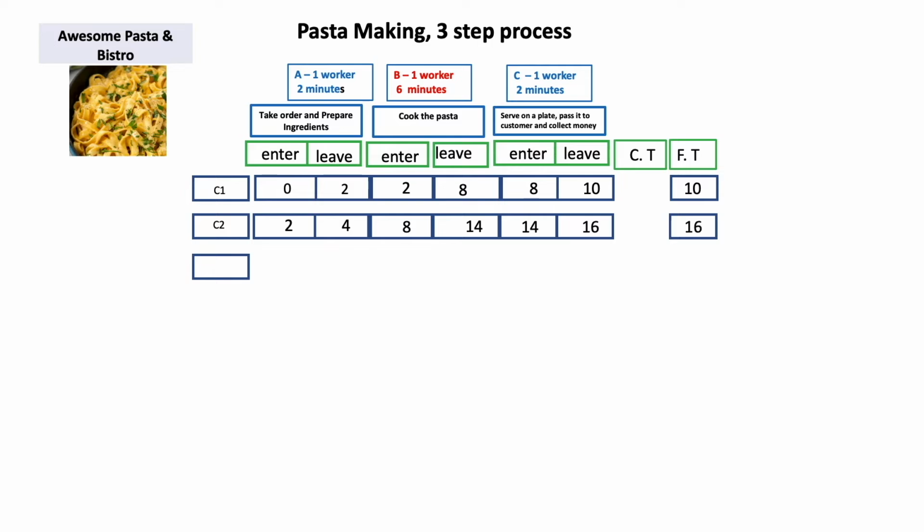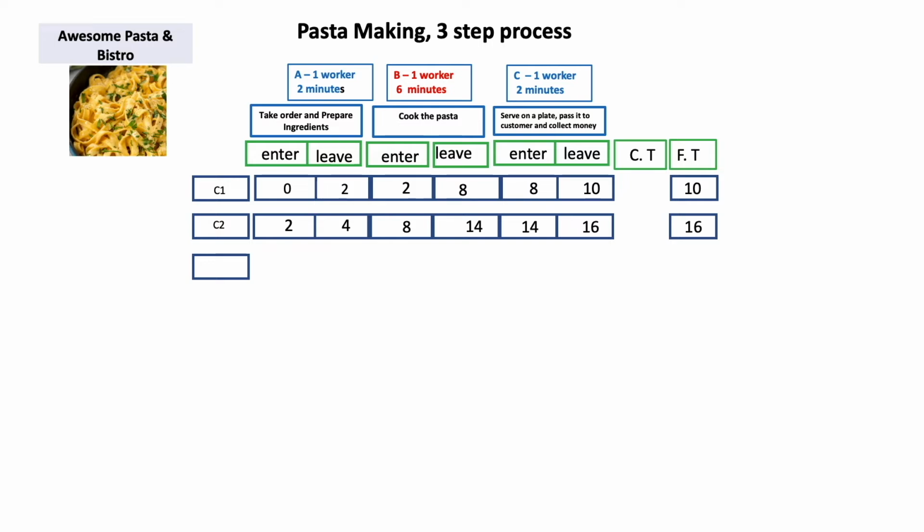So you can see now how this works. Finally, customer 2 gets his plate of pasta at time equals 16 minutes. So let's talk about cycle time. Cycle time is defined as the time that passed between customer 1 getting his pasta and customer 2 getting his pasta.